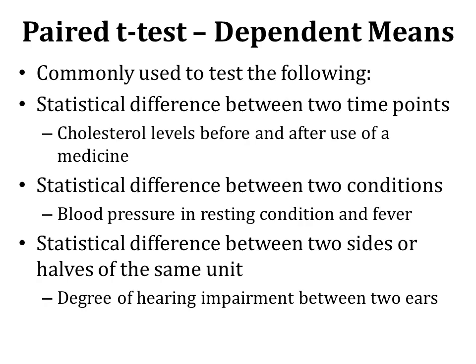For example, for an object which is present twice on each subject: human beings are symmetrical, so we have 1 ear on each side of our body. If we want to see whether there is a statistical difference in the degree of hearing impairment between the 2 ears in our group of individuals, we use the paired t-test.